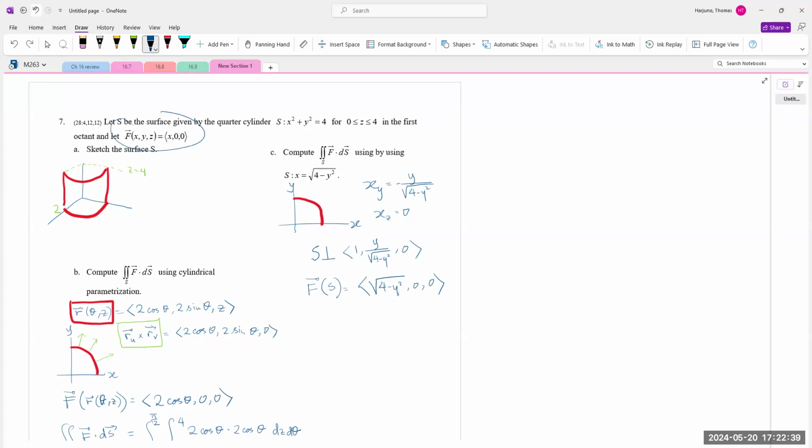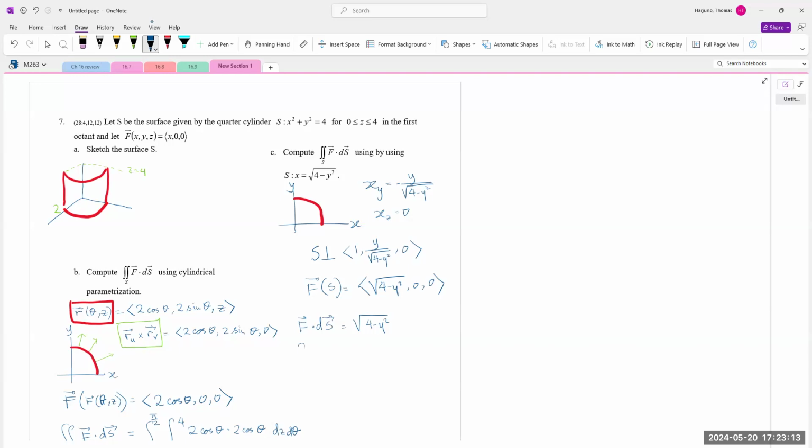Now then, if I do the dot product, F dot dS, that will be square root of 4 minus y squared plus y over, is it? Just square root of 4 minus y squared, because the second component is multiplied by 0. Okay, only. Oh, nice.